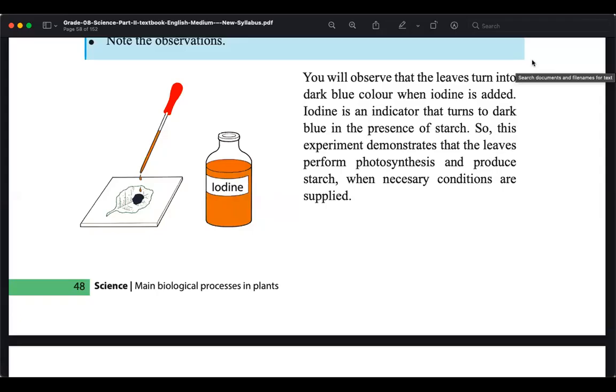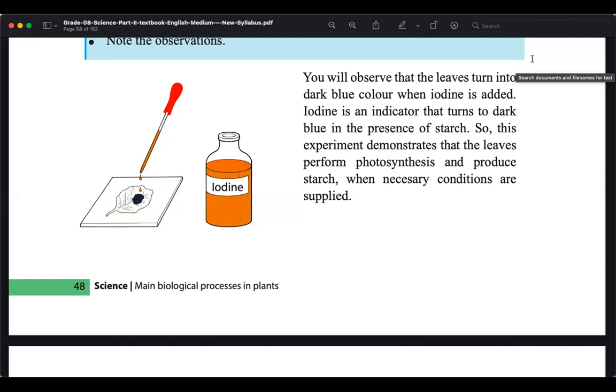Let's start. Last day we were discussing how to check the results of the photosynthesis process. I said that photosynthesis creates food inside the leaf of the plant, and we can test this.